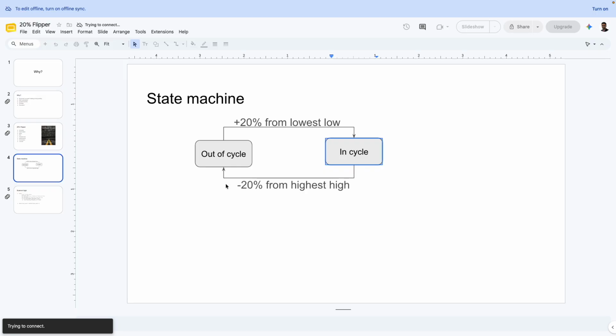And once the stock is closing 20% below the highest high, again the stock is considered out of cycle. It's pretty simple. And there are some other fields that I need to carry with these two attributes.